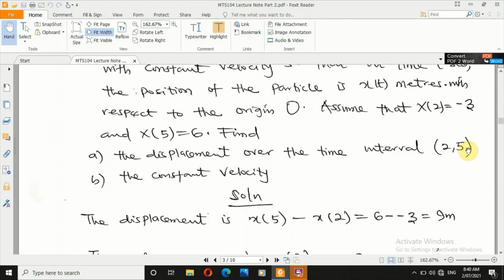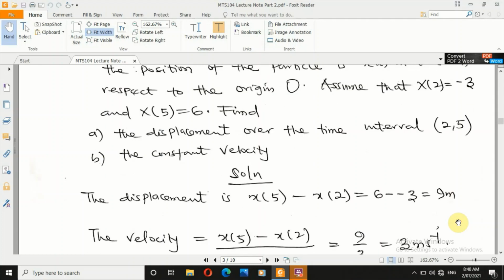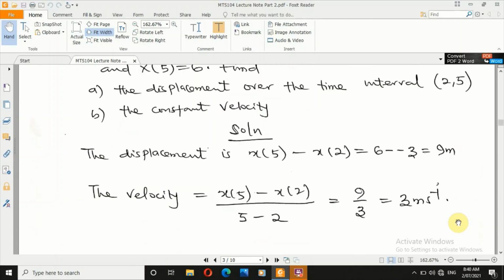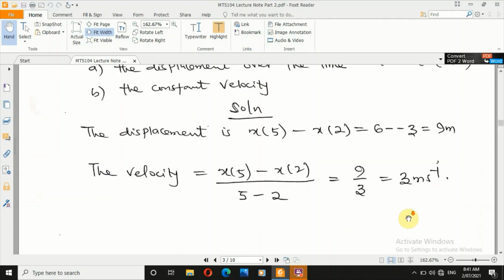But if you have to do it from 5 to 2, that means that this is the origin. Here we just find the displacement over the time of 2 to 5. So we have the displacement to be 9 meters. And then we can find the velocity to be this.